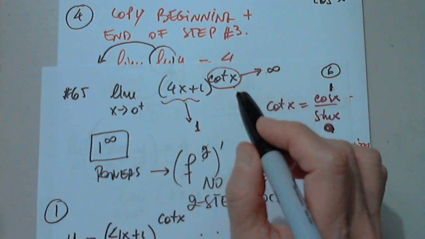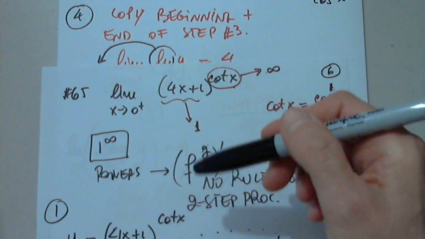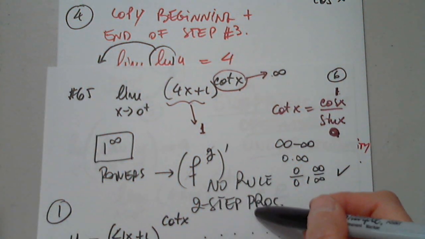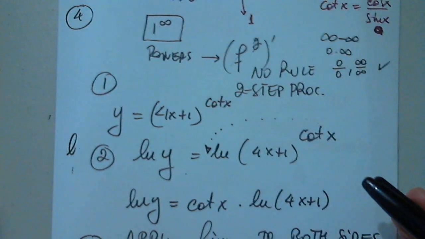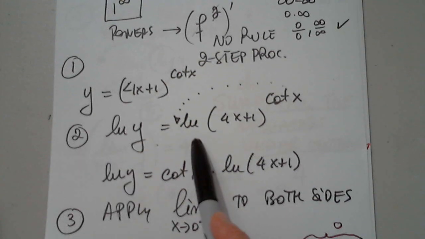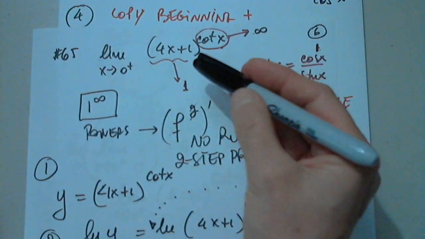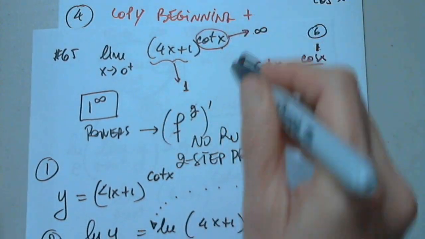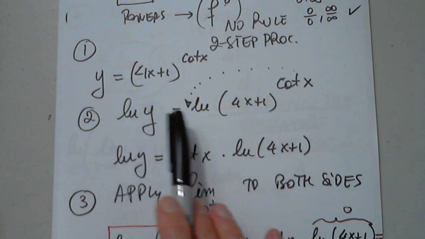I'm only stating that when a function is raised to another function, the two-step procedure applies again, but not two, but many. I'm really referring to applying natural log. So they're not connected, but they are in the sense that I have a function raised to a function. I have to apply log. That's the connection. So we apply log to both sides.